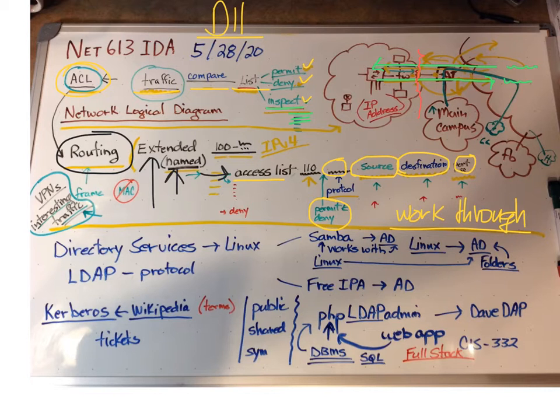We also talked about VPNs and interesting traffic. We indicate interesting traffic typically with an access control list. One other thing: we talked about logical diagrams, like all of this over here.